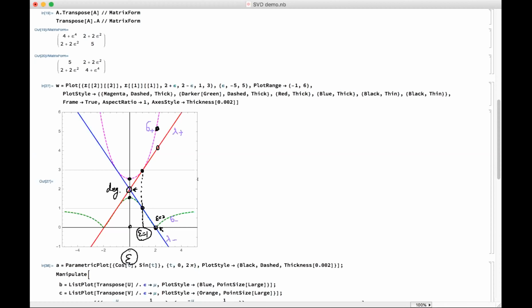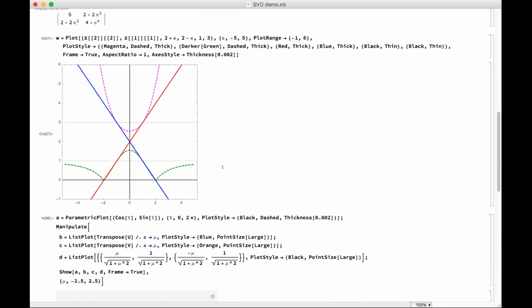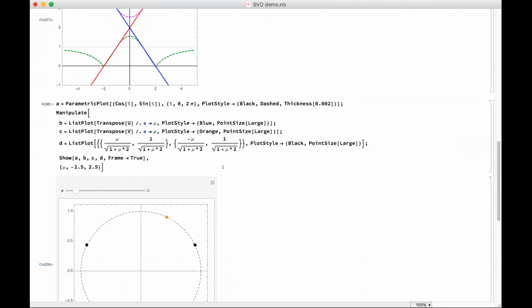So if we continuously vary epsilon, it poses the question of how the eigenvectors and the singular vectors change, right? That is the problem. Let's see that. Let's plot the eigenvectors and the singular vectors.